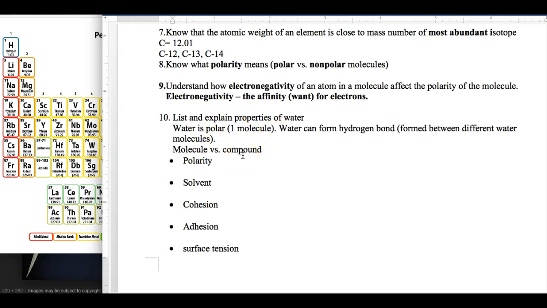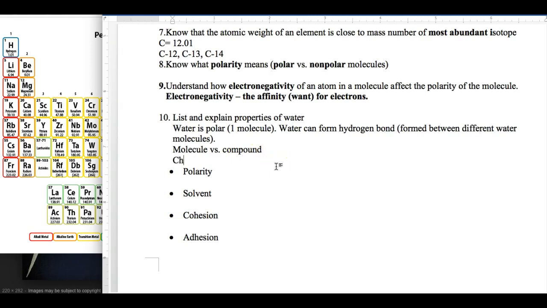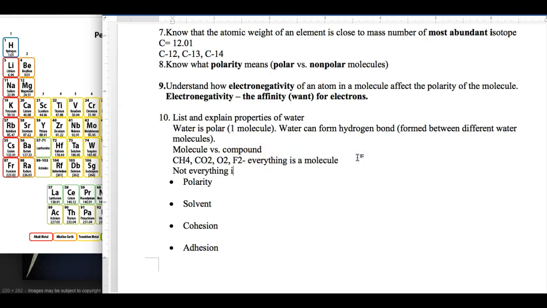So if you were to draw a circle of every type of chemical formula that you see, CH4, so let's do CO2, O2, F2, all of these are molecules. Okay, everything is a molecule. However, not everything is a compound. In order to make something a compound, you have to have more than one element. So does this have more than one element?